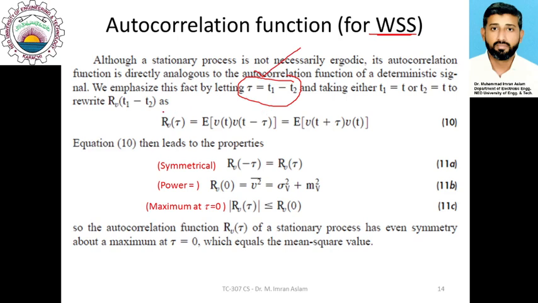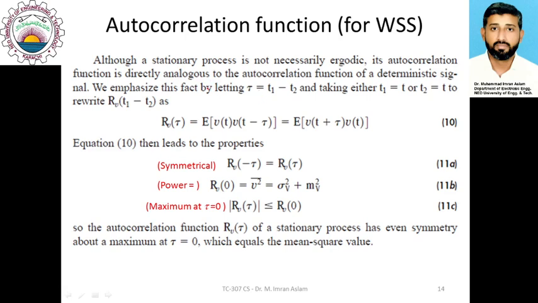This autocorrelation function is mathematically written as R_V(tau), which is the expected value of V(t) multiplied by V(t minus tau). This is the delayed version of the same signal. So you can see that we are calculating the correlation of the signal with the delayed version of the same signal.